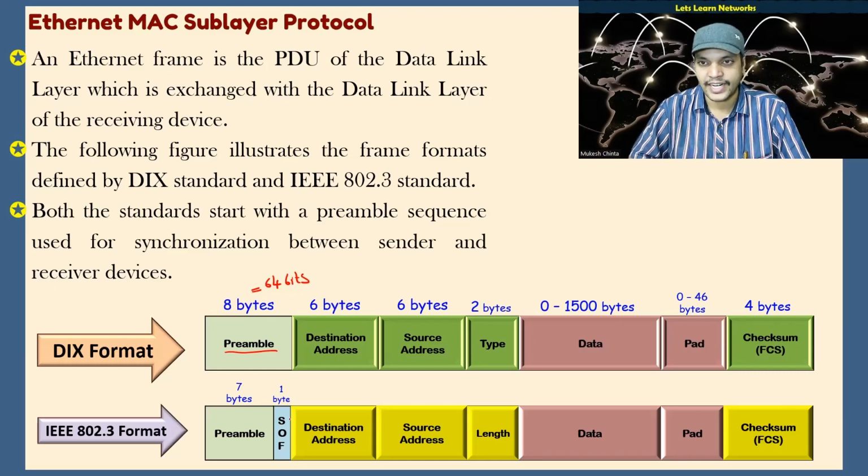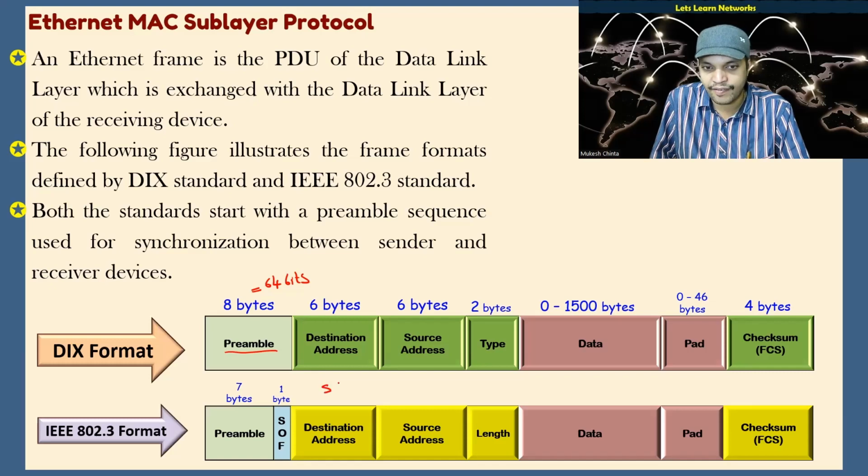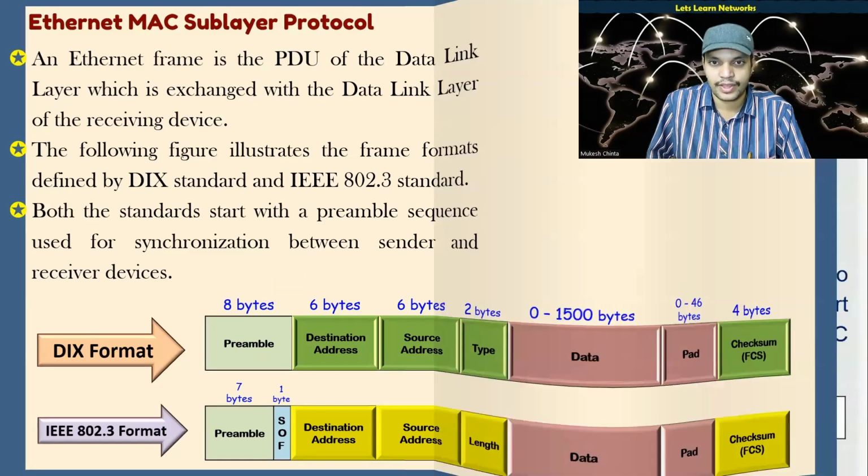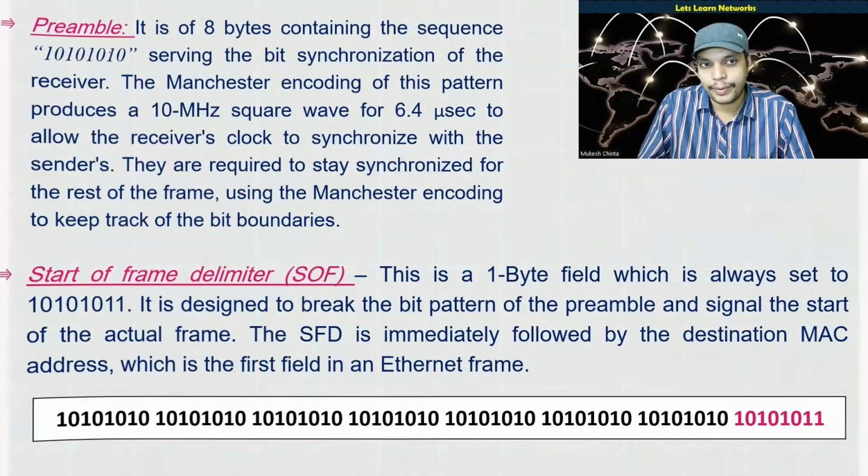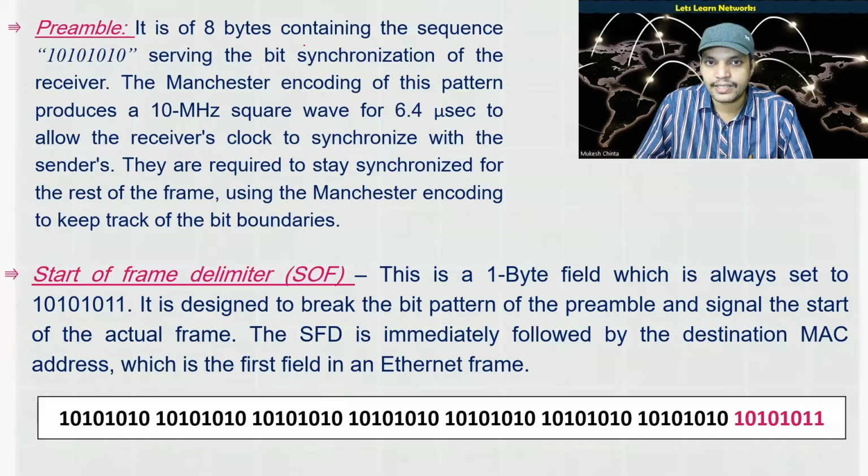SOF stands for start of the frame delimiter. Sometimes in some textbooks, it is also written as SFD, which stands for start of the frame delimiter. Now, what is the difference between that? Let me show you. The preamble is of 8 bytes containing the sequence of alternating ones and zeros. So 10, 10, 10, 10, 10.